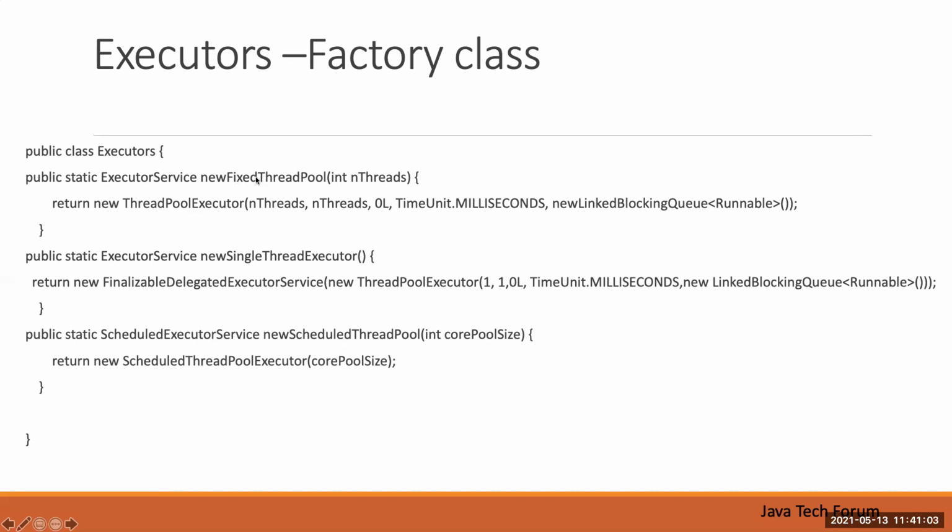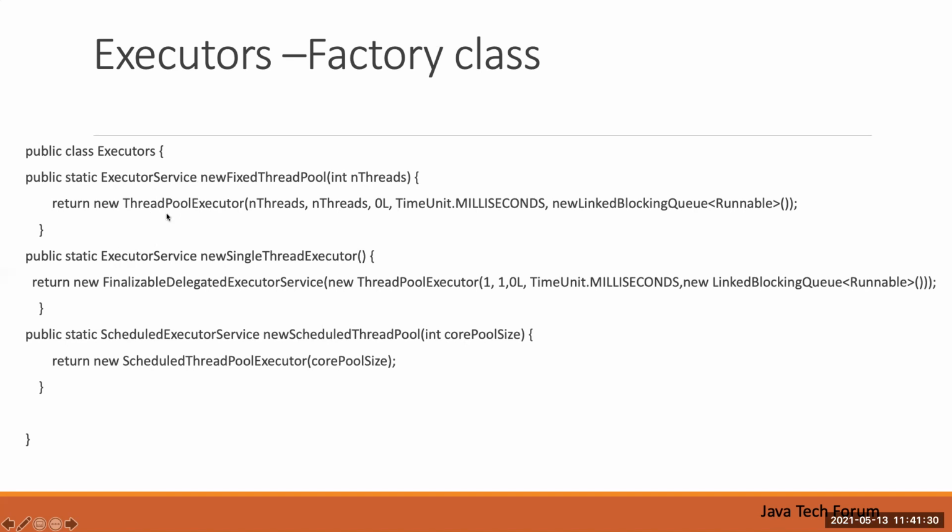Here, newFixedThreadPool takes one parameter, the number of threads you want in your thread pool object. The remaining things are defined here itself with default values, and internally it calls the ThreadPoolExecutor constructor, creates the object and returns it.